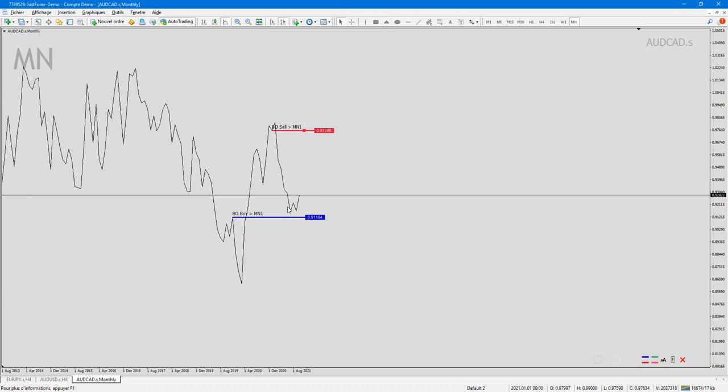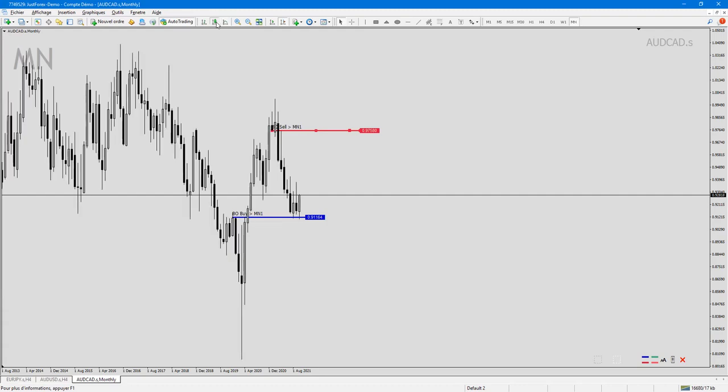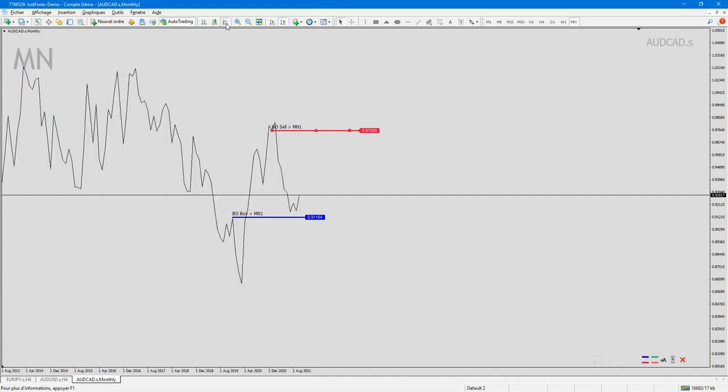Okay. Wait. Change to candlestick. Okay, we also have a breakout at the middle. Here.